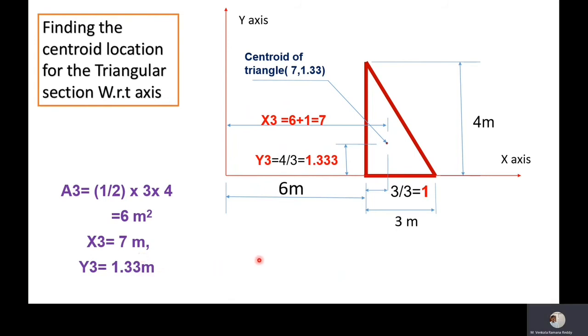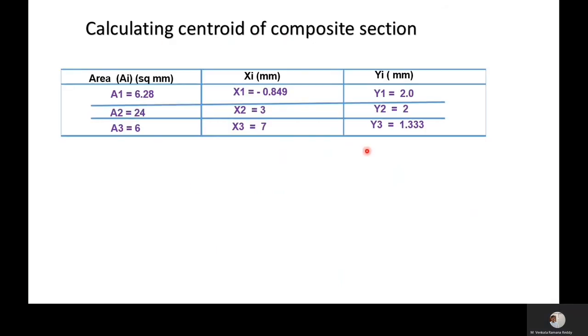Now we'll formulate area values and x coordinate values, y coordinate values for different sections in the form of a table. That is calculating centroid of composite section. After keeping all those values in a table, then we'll find the coordinates of the composite section.